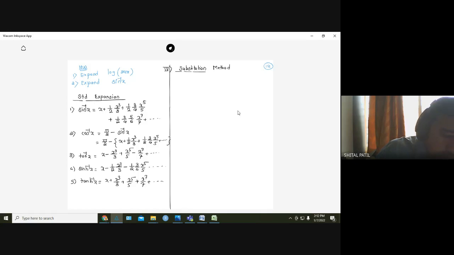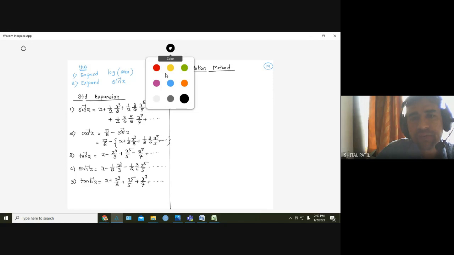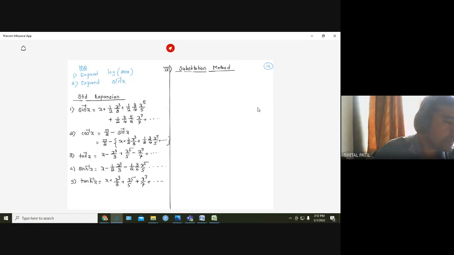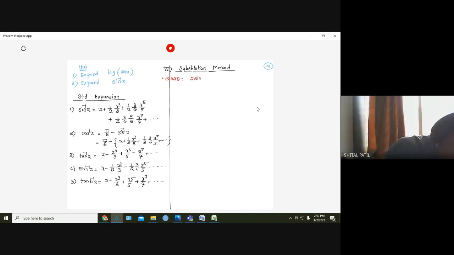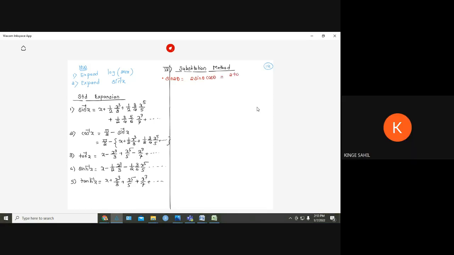I think everyone is aware of the trigonometric formulas, but let me revise them so that whenever they are required, we can refer to them. Write with me: sin 2 theta is 2 sin theta cos theta. In terms of tan, 2 tan theta upon 1 plus tan square theta.